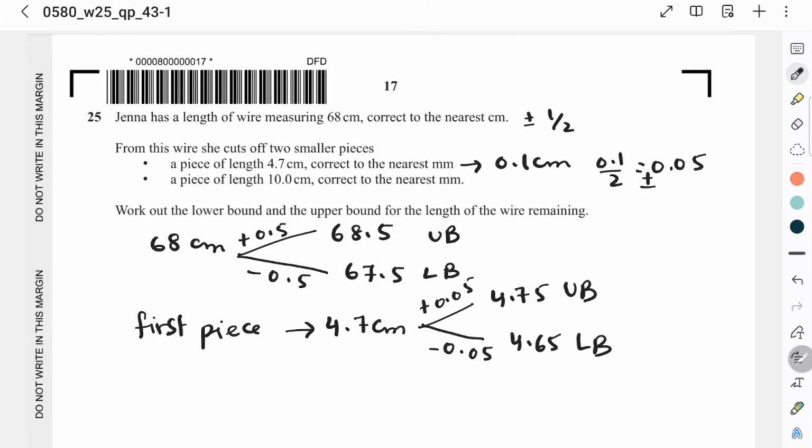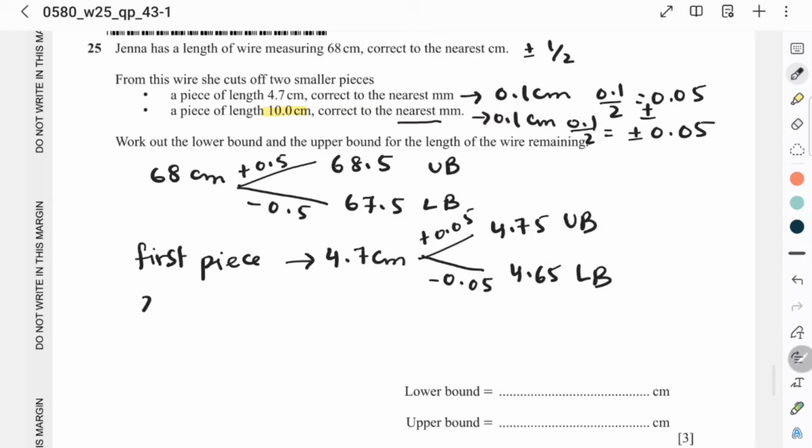Now the second piece, of length 10.0. Nearest millimeter means 0.1 centimeter, so 0.1 upon 2, plus or minus 0.05, to get the upper and lower bound. So the second piece is 10.0 centimeters, and you add 0.05 and subtract 0.05.